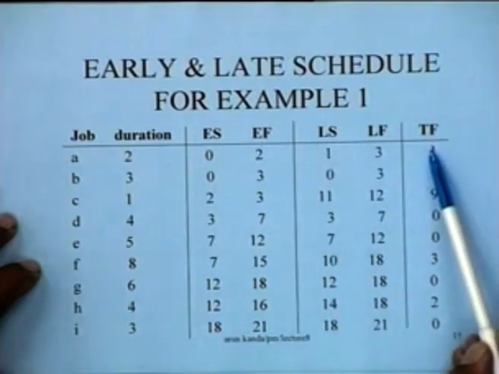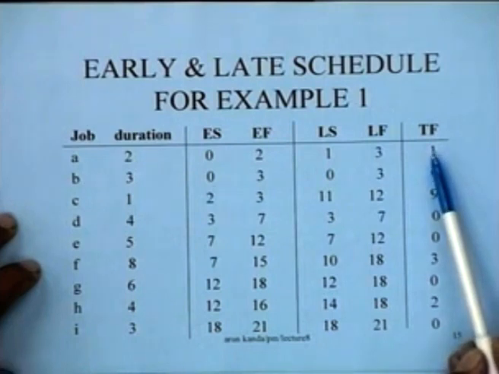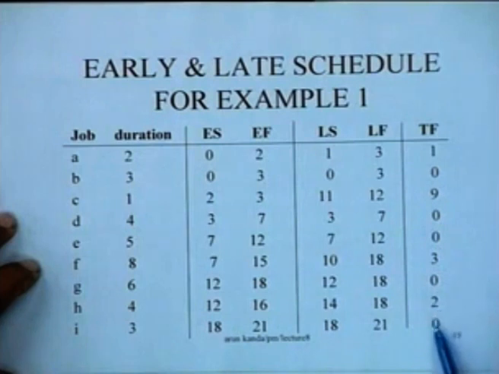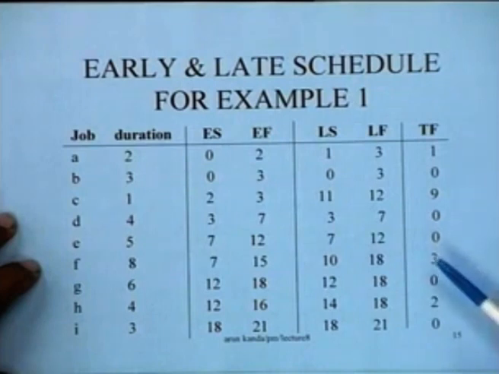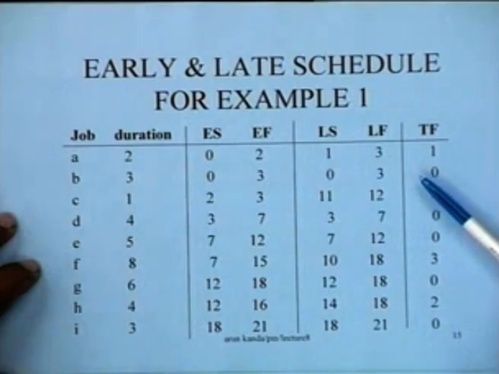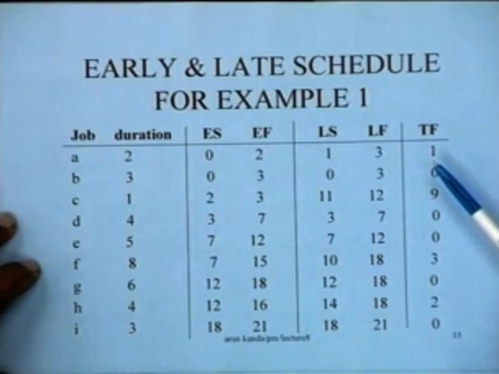And we have by this process been able to determine the total floats for all the activities, and the activities which have 0 total float, for instance activity B or activity D or activity E or activity G or activity I, those are the activities which are critical activities or activities that lie on the critical path.